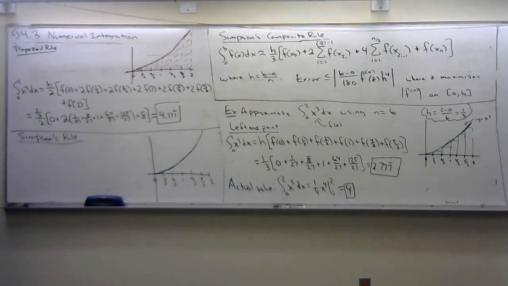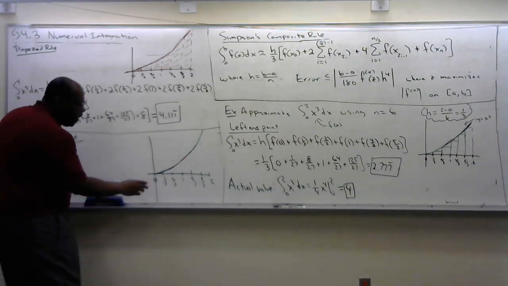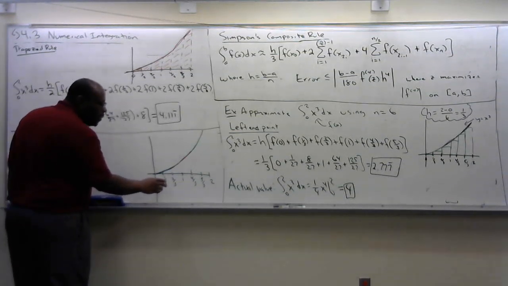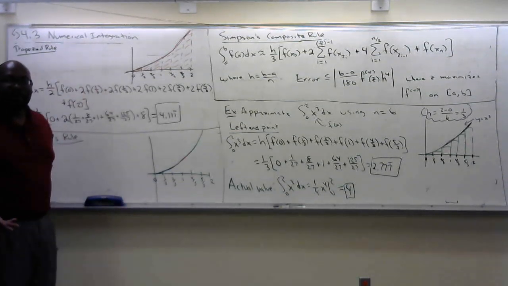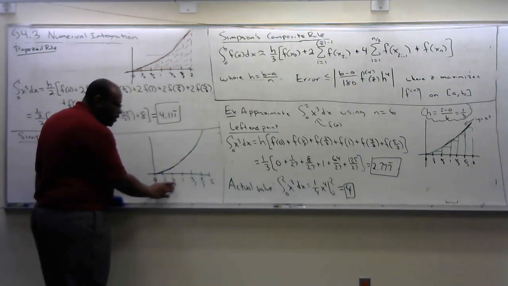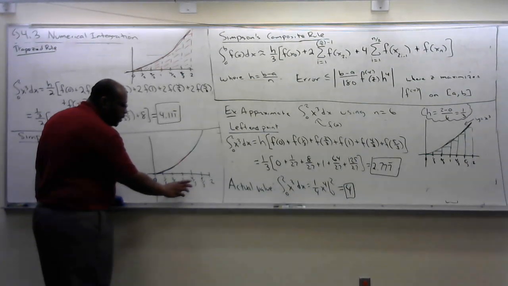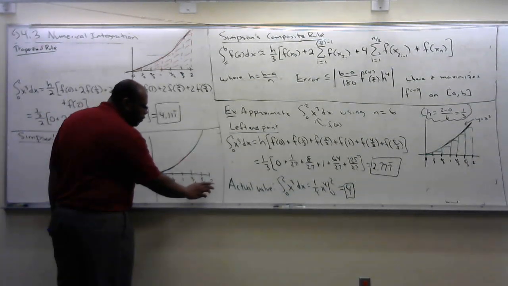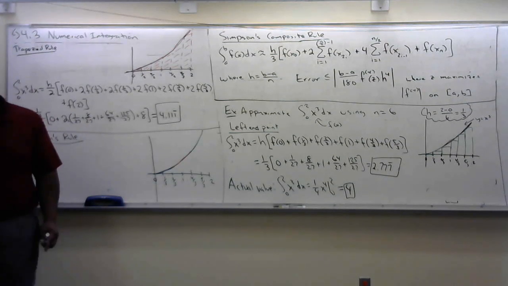So I got 3 points at a time. So I have essentially, I'm going to sum together 3 mini Simpson rules, right? A Simpson rule from 0 to 2/3, a Simpson's rule from 2/3 to 4/3, and a Simpson's rule from 4/3 to 2. That's what I'm going to do.